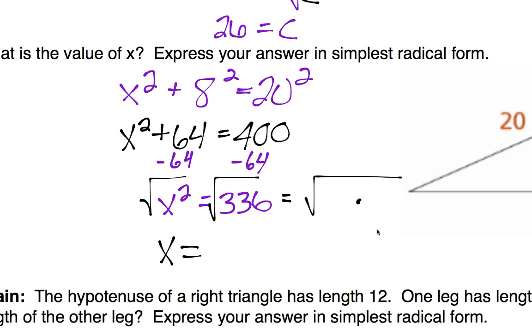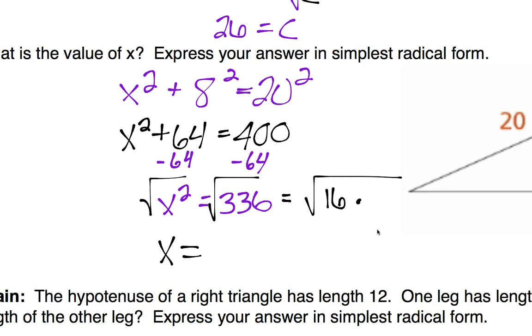What can we split 336 into? I like to always try 4 and 16 first, since they're perfect squares. If you remember when we used to make factor trees back when you were younger, you would always maybe divide it by 2, and you keep chopping that number down by dividing it by 2. Well, 2 is not a perfect square. So now try 4. Remember, the bigger the perfect square, the fewer steps that you're going to have.